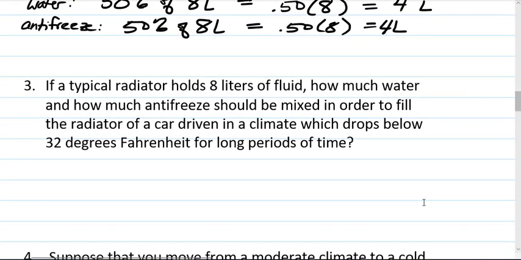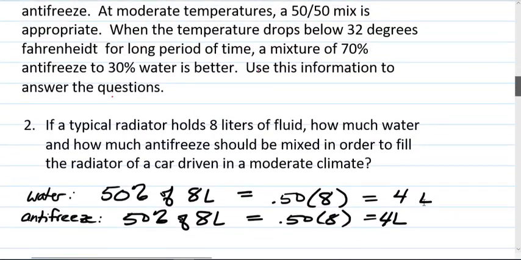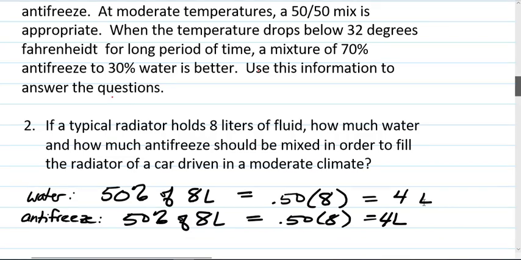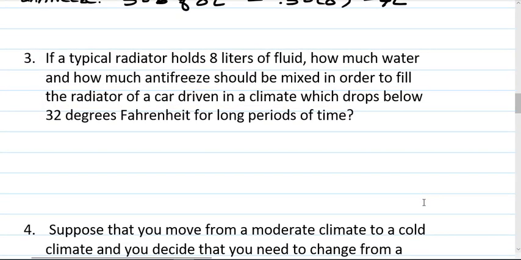If a typical radiator holds 8 liters of fluid, how much water and how much pure antifreeze should be mixed in order to fill the radiator of a car driven in a climate which drops below 32 degrees Fahrenheit for long periods of time? Okay, so we were told that we want a 70% antifreeze to 30% water mixture. So let's find the amount of antifreeze.